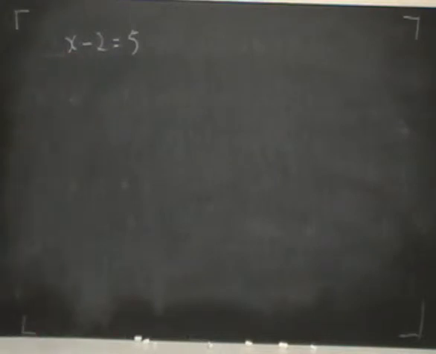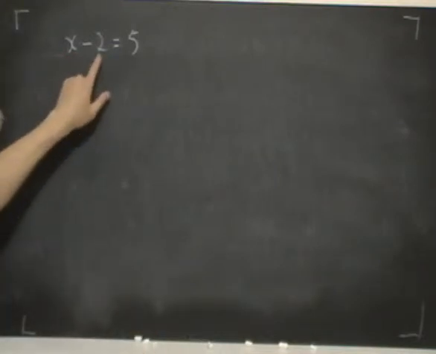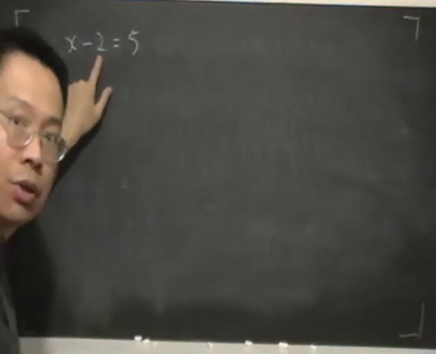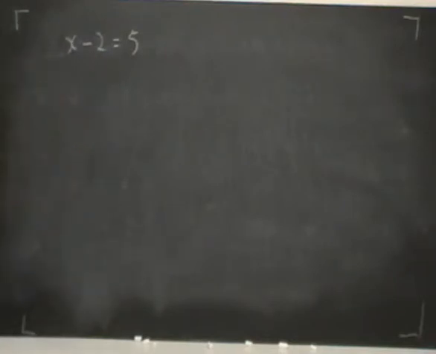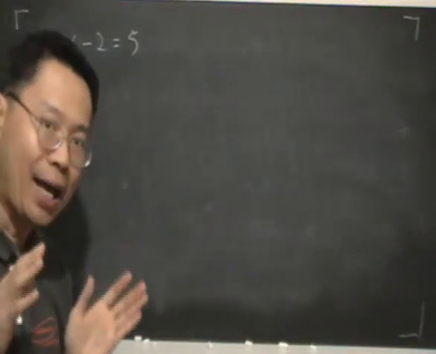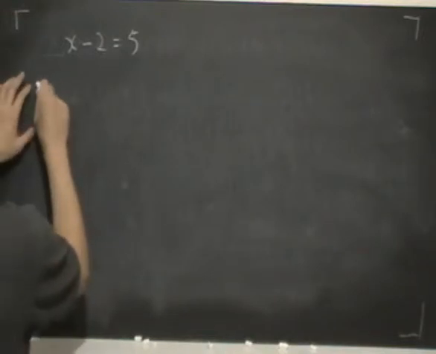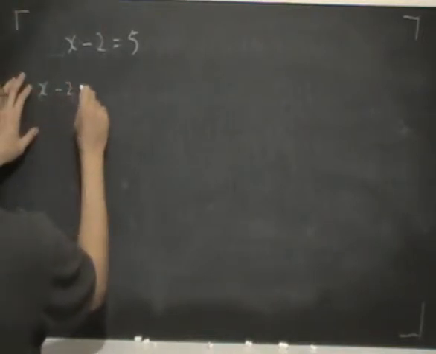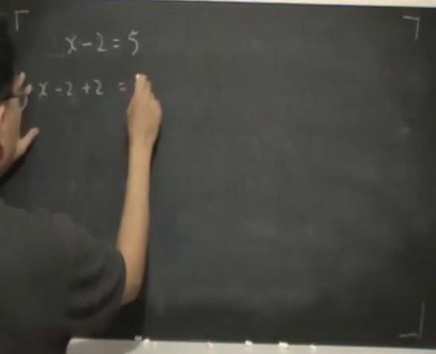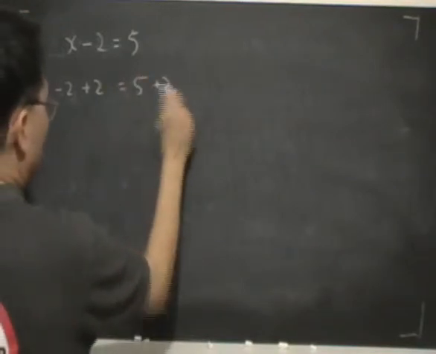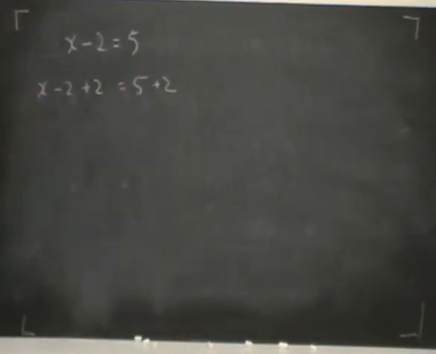So we start again with the idea that it would be nice to have just x on one side, and we should try and get rid of the minus 2. We can do that if we add a 2 to both sides. Let's try that. x minus 2 plus 2 is equal to, and we also add a 2 on the right side.